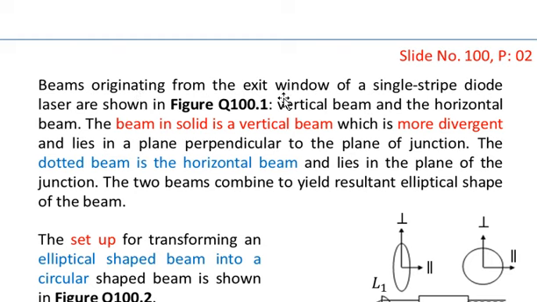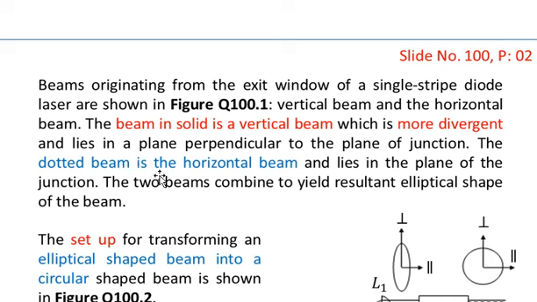Beams originating from the exit window of a single strip diode laser are shown in figure number 1. This is what we have discussed: vertical beams and horizontal beams. The beam in solid is the vertical beam, which is more divergent and lies in a plane perpendicular to the plane of the junction, or the plane of the exit window.